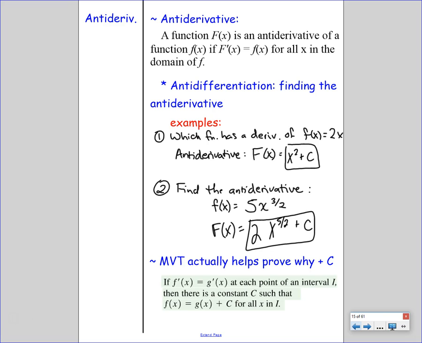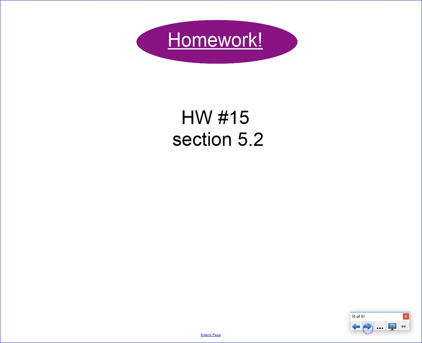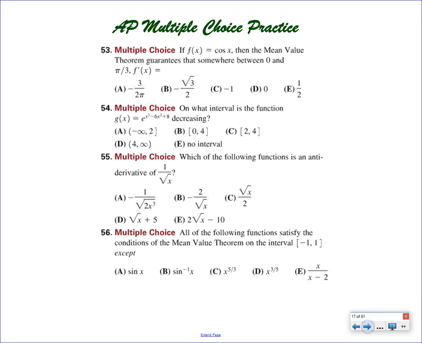But the question is, do both of them have to agree with the c? Maybe we'll peek at that one tomorrow to see why MVT proves. We'll see if homework helps you delve any deeper into that question. Because it is true, it is a statement, but how is it true?